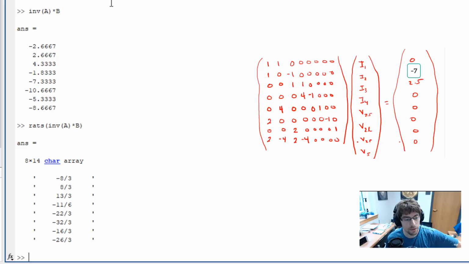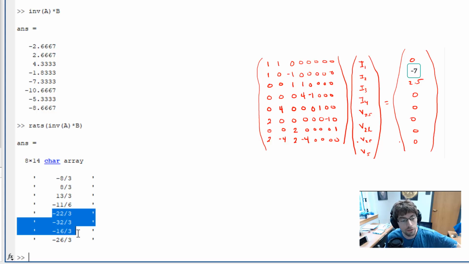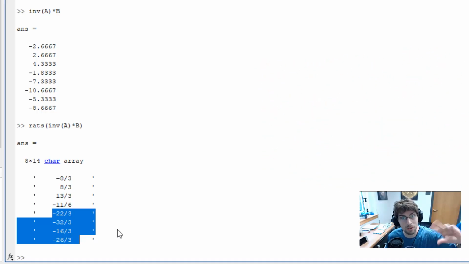Now notice, okay, so first of all, 2 things I will point out to you. First is that notice how all 4 of the potential drops across the current sources are negative. So what does that mean about how I labeled those? Yeah, I did them backwards, right?